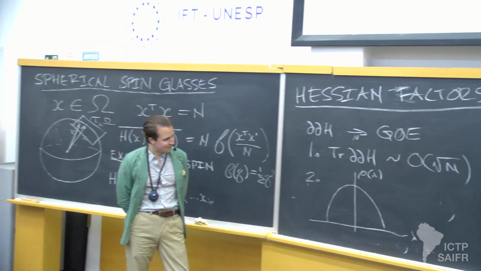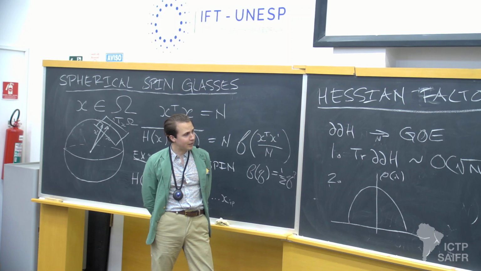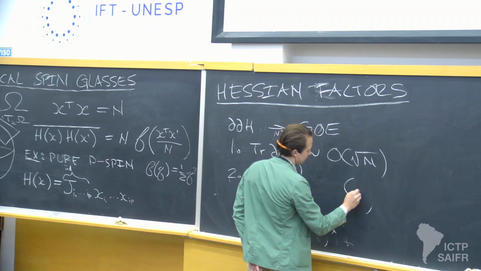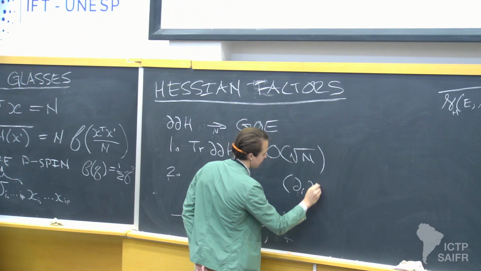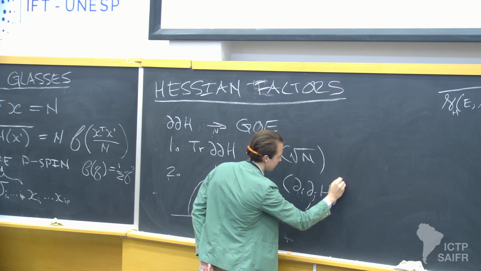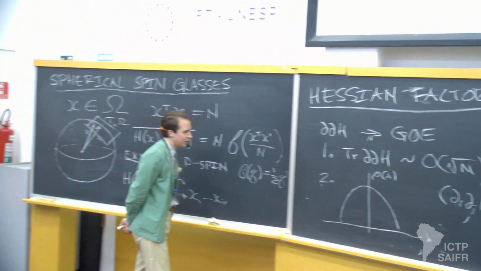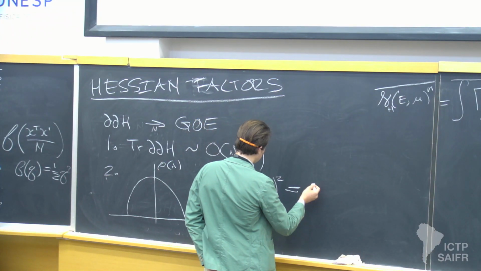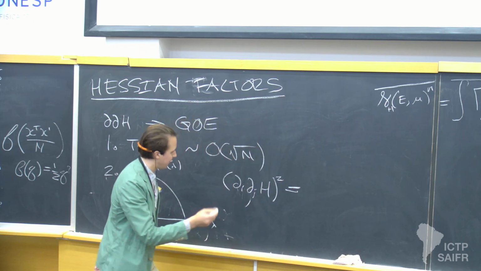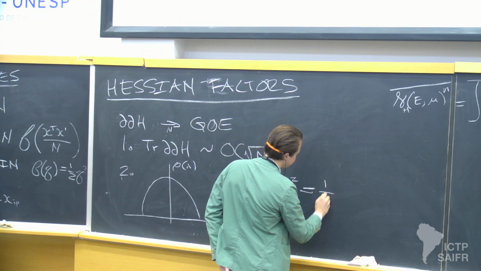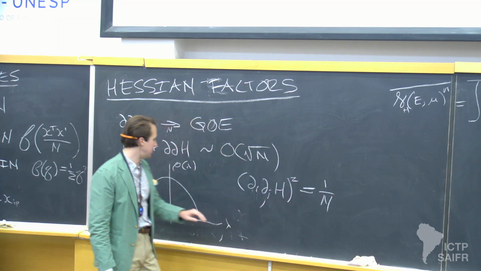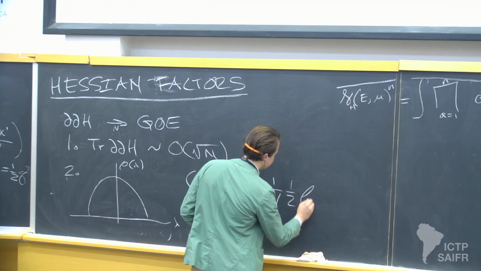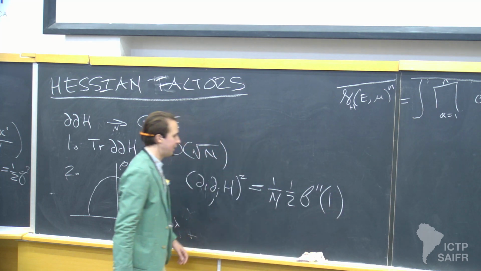And all we need to know to specify the form of this spectral density is the variance of the entries of this matrix, which are given by, if we look at a certain ij squared of this matrix, a small calculation reveals that this variance is, let me think for a second, 1 over n, this is important to have the right scaling to be a Wigner matrix, times 1/2 times the double derivative of our covariance function evaluated at 1.